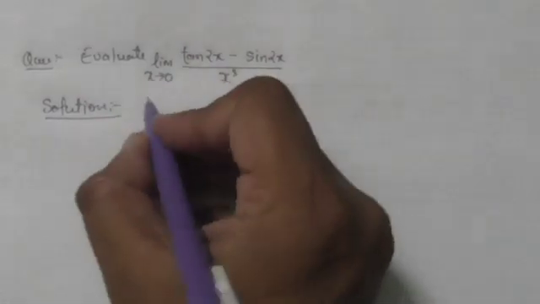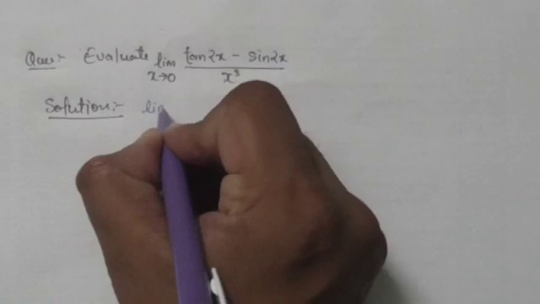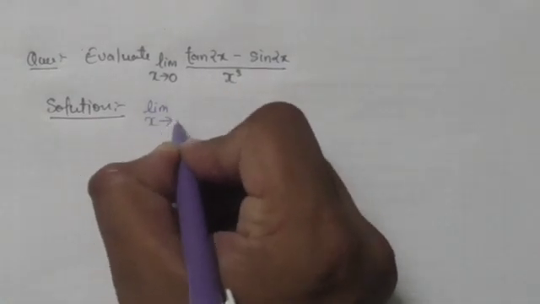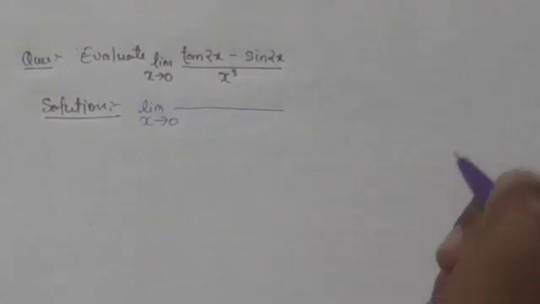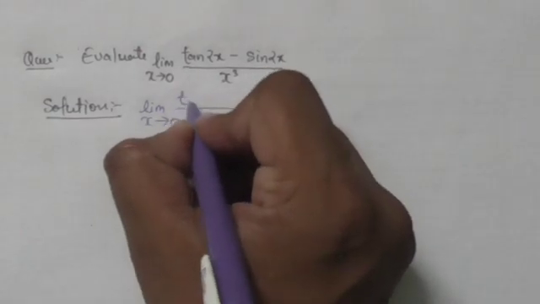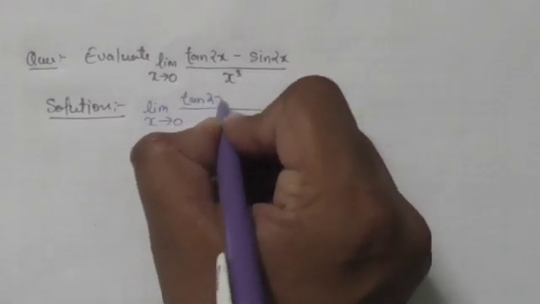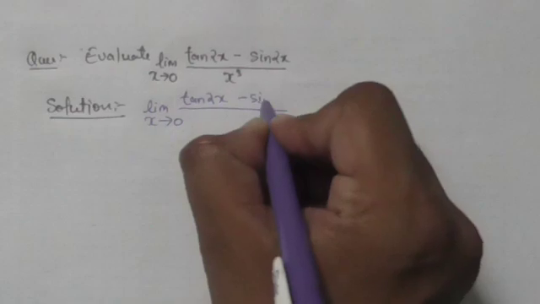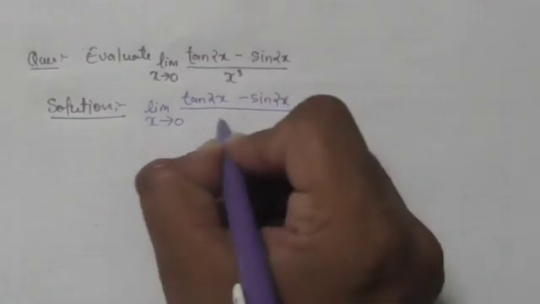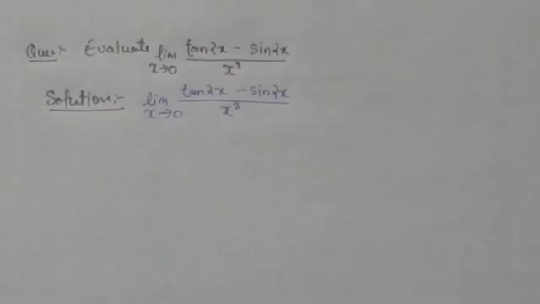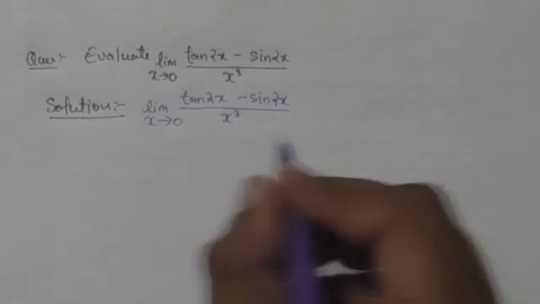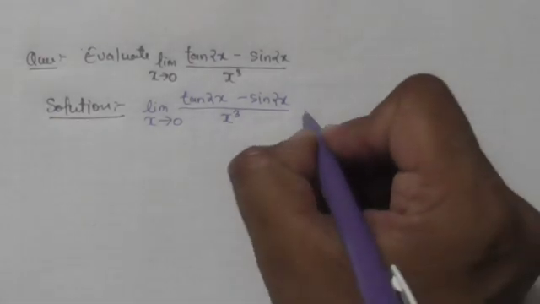It is limit x tends to 0 of (tan 2x minus sine 2x) upon x cube. We have to evaluate the limit of this function.